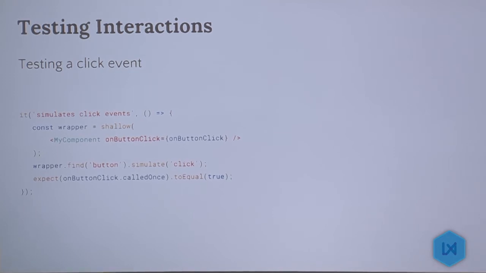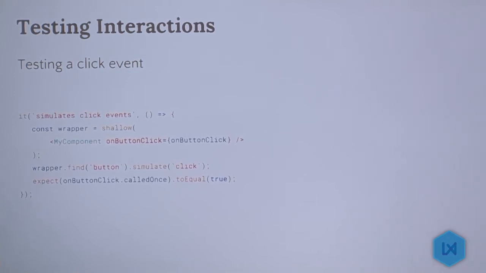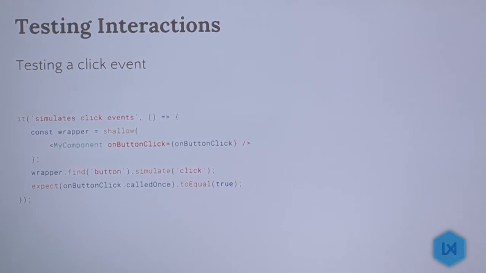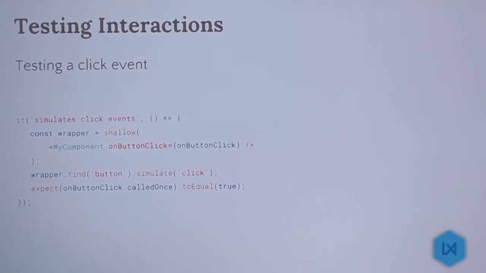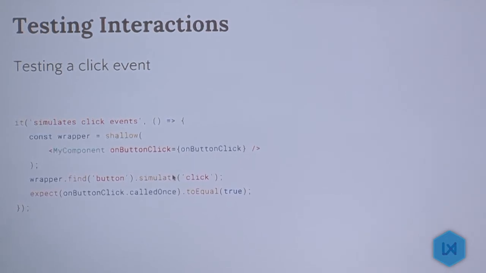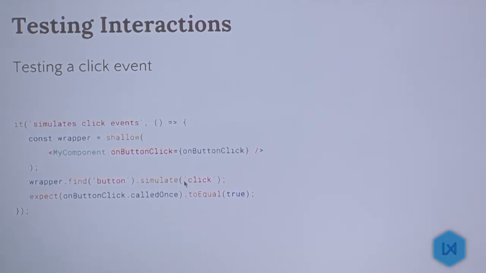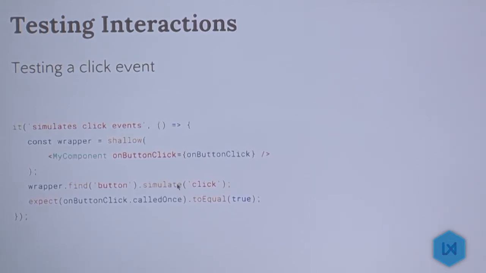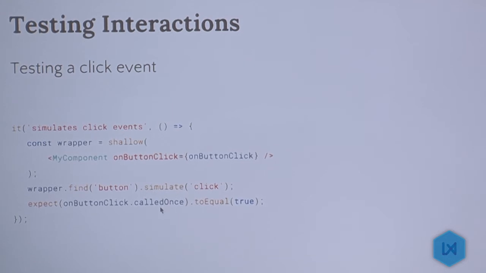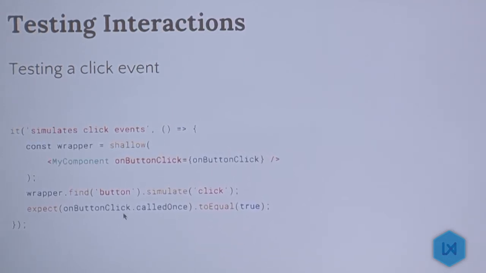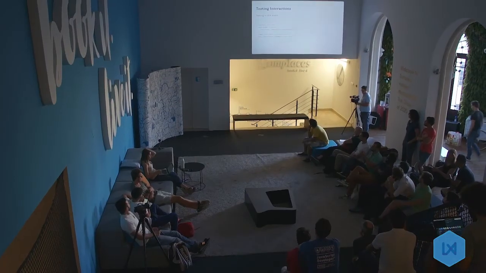Okay, Jest also allows us to test interactions, and this is an example of a click event. For this, we are using the simulate function. In this case, we are clicking the button, and we are testing if the button click is called once.